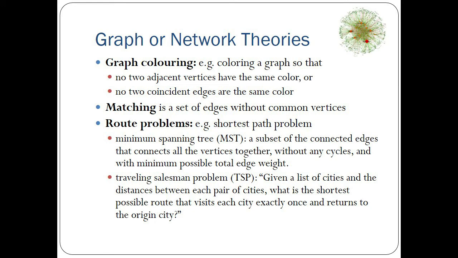In a minimum spanning tree, you try to find a subset of connected edges that connects all the vertices together without any cycle, such that the subset of connections has the minimum possible total edge weight. You have already studied minimum spanning trees.